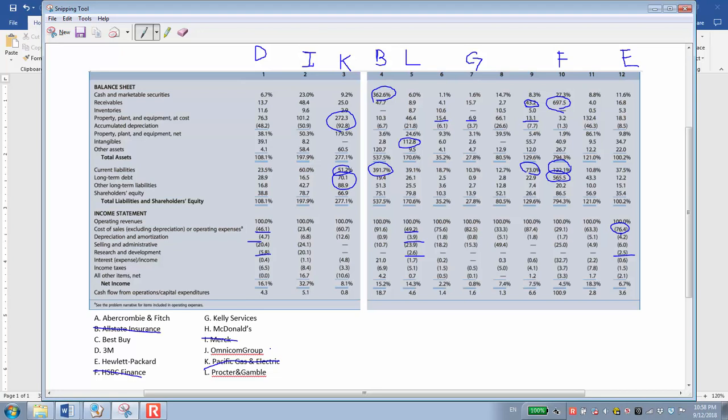Okay, agent. It buys and resells and earns the commission. So it should have a large amount of receivables from customers and payables to the upstream vendors. Okay, so I guess 9 should be the J.